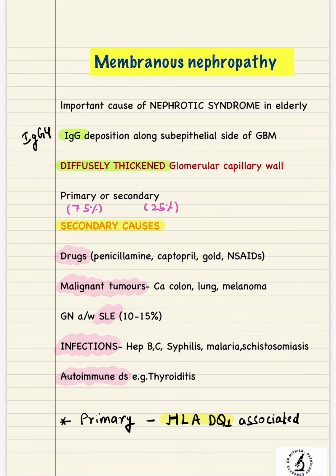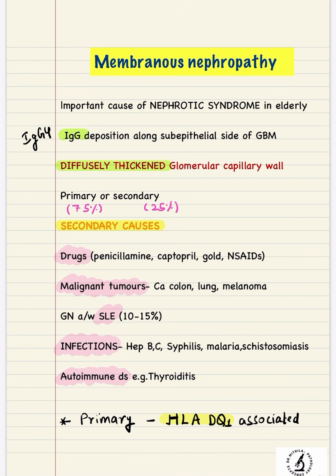In membranous nephropathy, the important pathology is immune complex deposition in the subepithelial side of the glomerular basement membrane, that is between the basement membrane and the podocytes. The deposits are made up of IgG, more specifically the IgG4 class, along with complement.